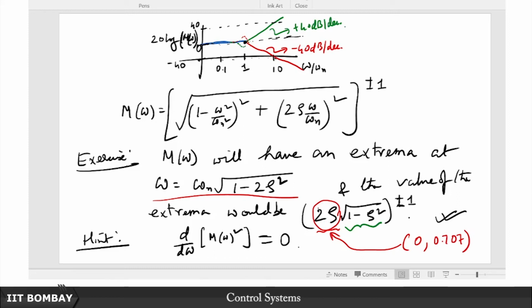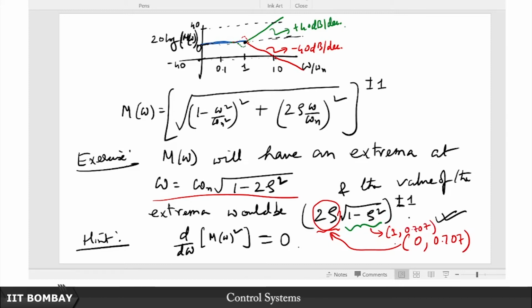So, I am saying that this is the determining factor; the other factor does not change much after all. As I showed, this factor varies between 1 and, at zeta equal to 1 by root 2, half, so 1 minus half square root is 0.707.